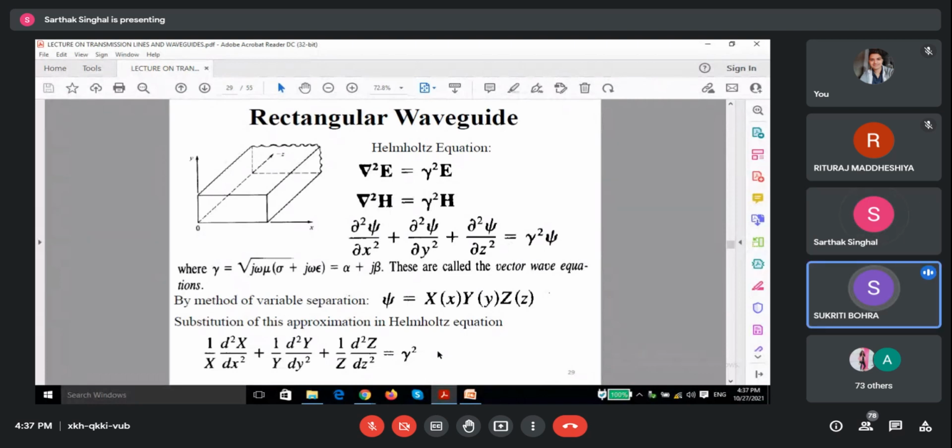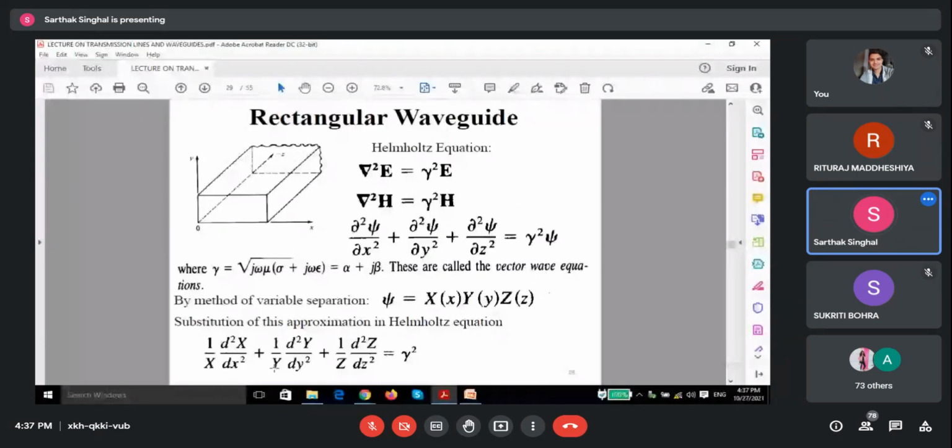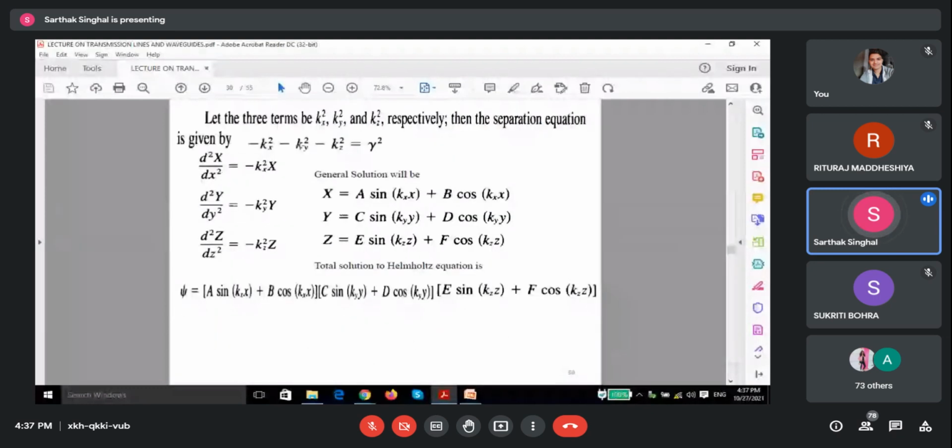Now I have considered these three terms, that is 1 by X, d square X upon dx square, and the remaining two terms also, as minus kx square, minus ky square, minus kz square.